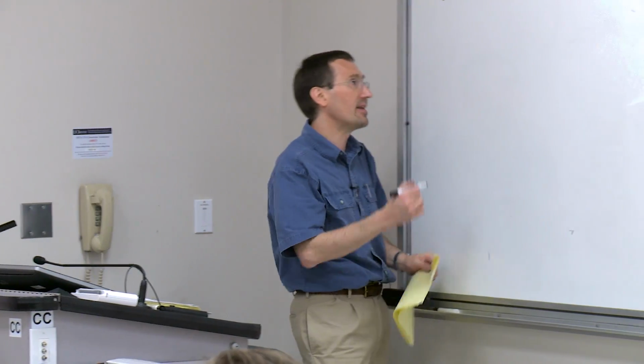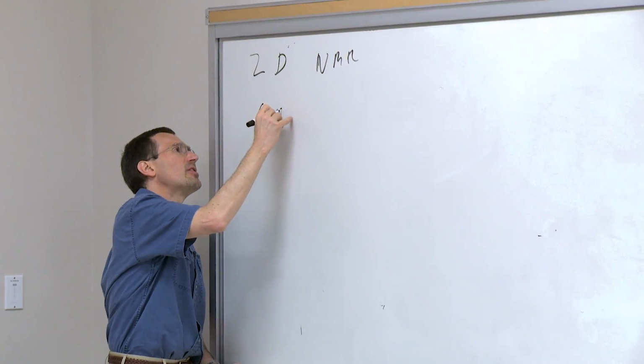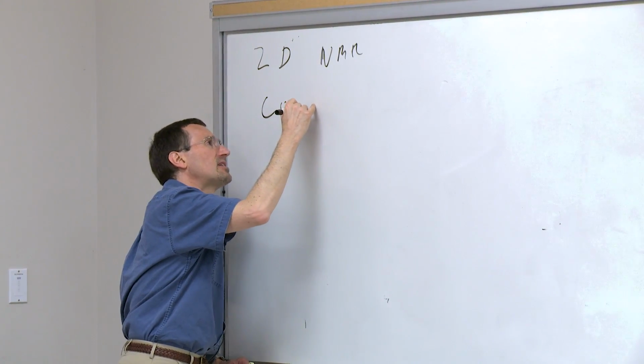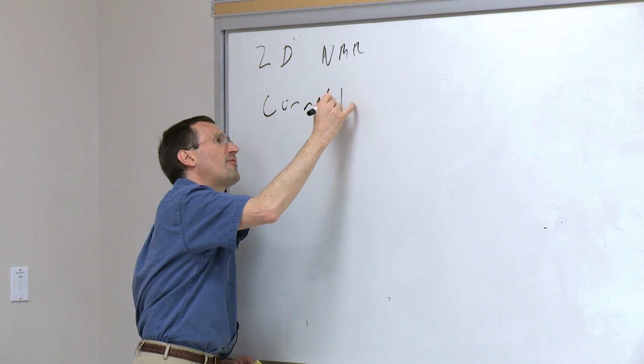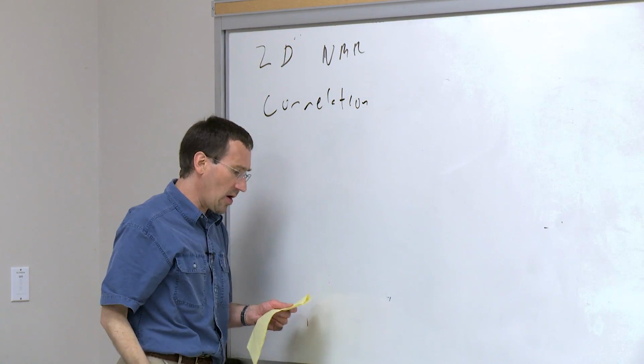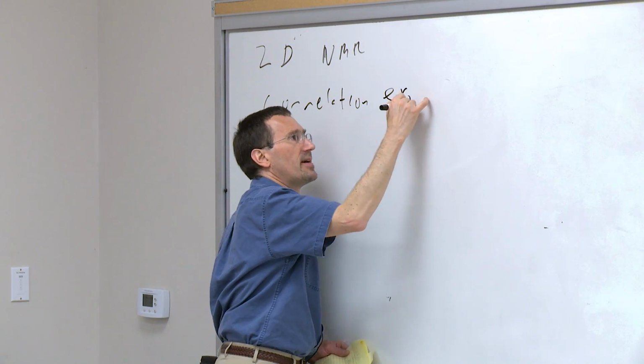But suffice it to say, it's not that you have a one-dimensional plot in one case and a two-dimensional plot in another. Anyway, there are a couple of main types of experiments, but I'm going to focus on what's called correlation experiments.